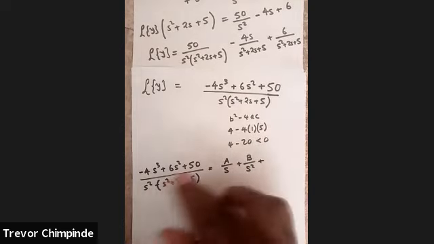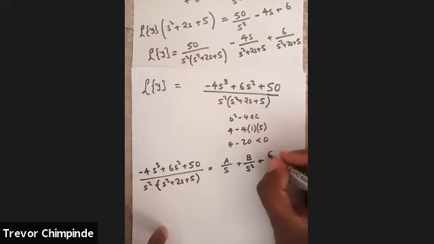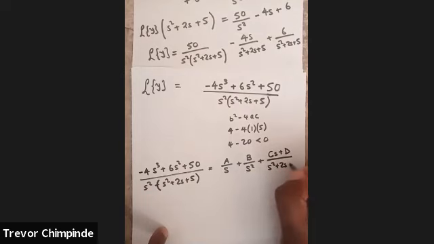And then for this quadratic, you have Cs plus D over s squared plus 2s plus 5.